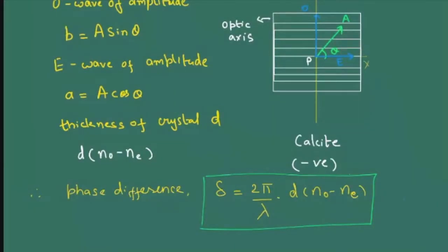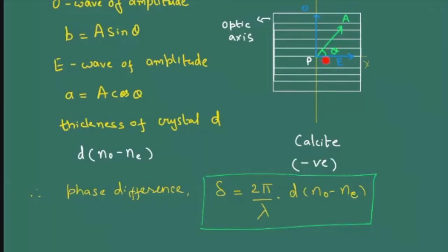Now imagine when this theta is 0, then what will happen? The emergent ray will be only E, because there will be no O possible for this crystal. If my theta is 90, then the emergent ray will be only ordinary; extraordinary will not be possible. Only if theta is greater than 0 and less than 90, or vice versa for the other quadrants, will you have both O and E components available in the emergent beam.